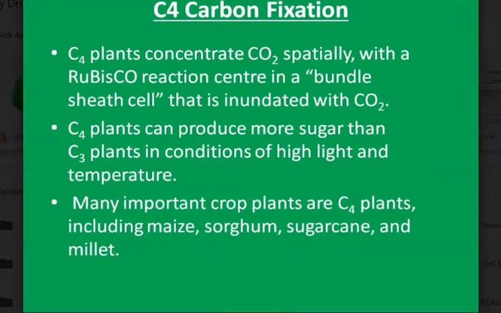Many important plants are C4 plants, including maize, sorghum, sugarcane, and millet. Okay, these are examples of C4 plants. So they produce more sugar than C3 plants in conditions of high light and temperature.